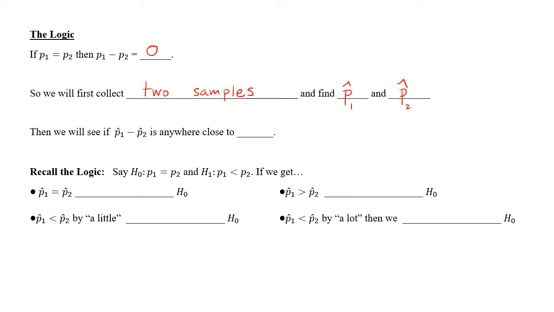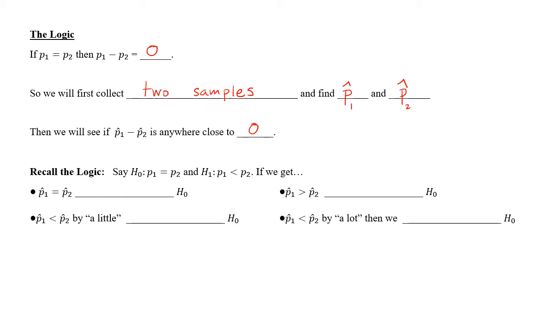Then we will see, is there a difference between those two samples? In other words, if I subtract them, do we get anything close to 0? Of course, we know that the closer their difference is to 0, the closer the two values are to each other. Say for instance our null hypothesis is that the two populations have the same proportion.